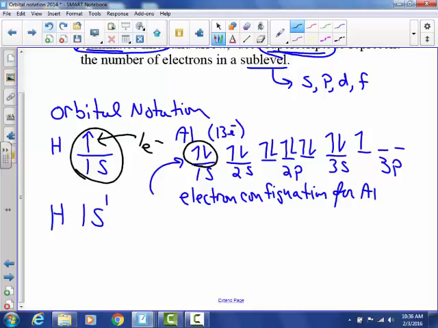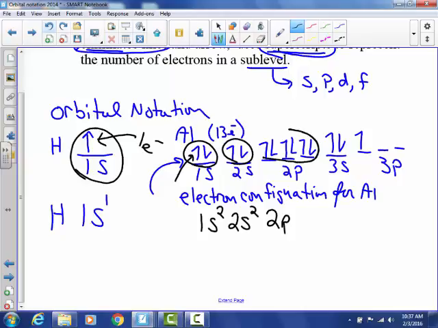You just get rid of that. So I would write 1s2 for these two electrons, and then I would write 2s2 for those two electrons, and then I would write 2p.